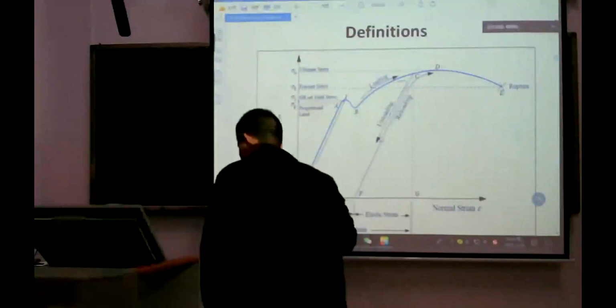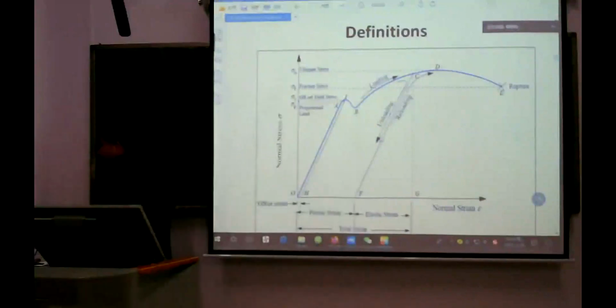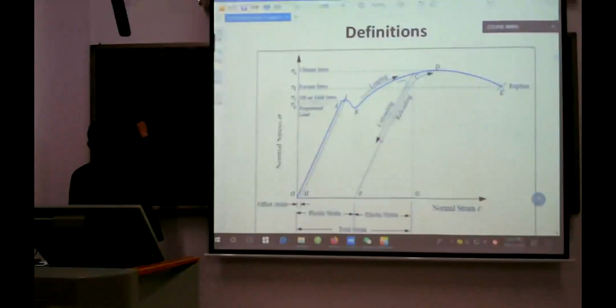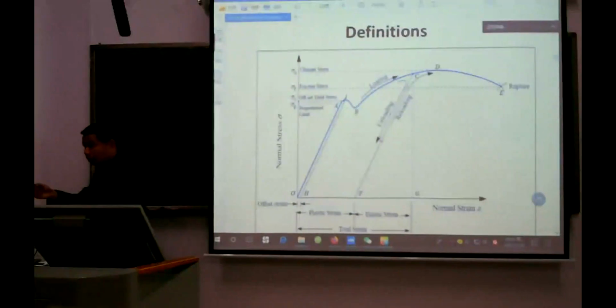You know, the load Fn equals sigma times A. Do you know?